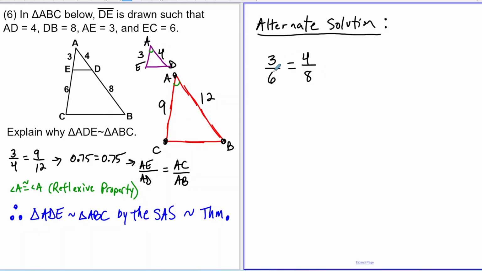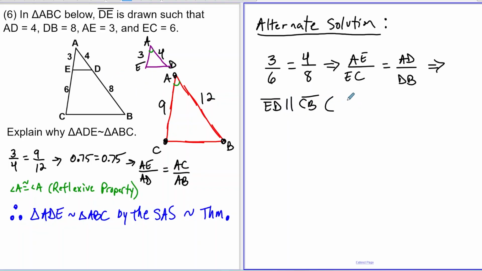But this is still worth noting for what it tells us. This tells us that AE over EC is equal to AD over DB. And then this will tell us that side ED is parallel to side CB.